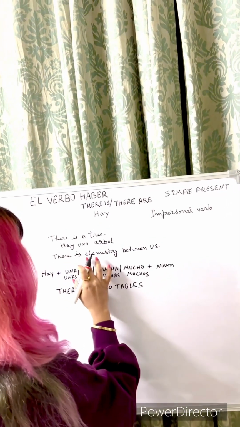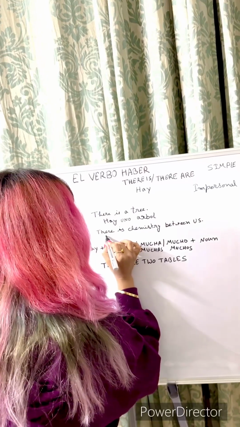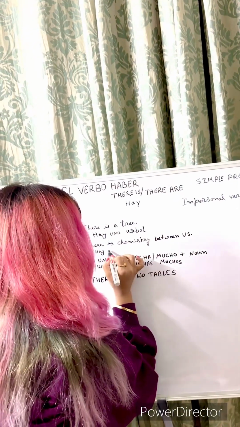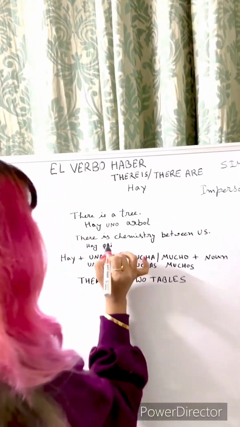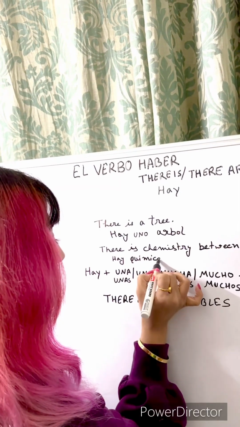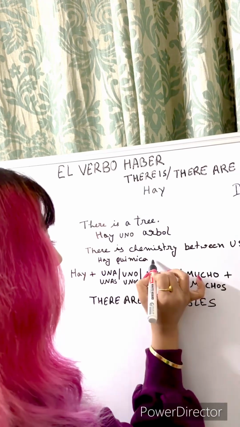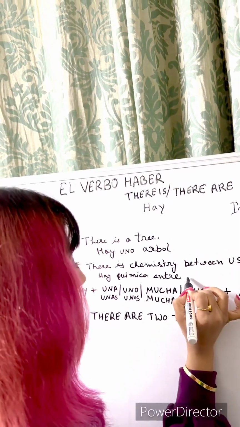Now this sentence, there is chemistry between us. It would be hay, for there is chemistry, hay química. Entre means between.